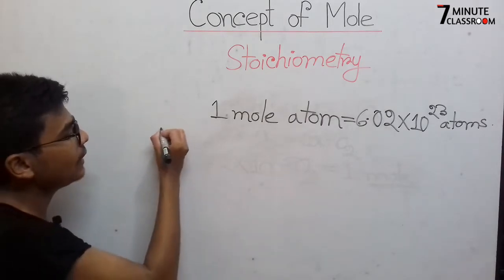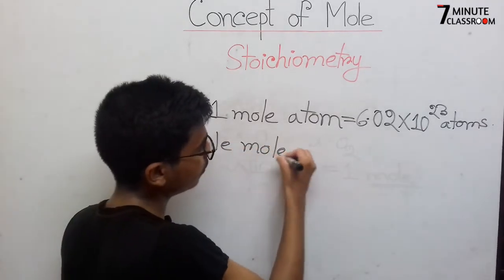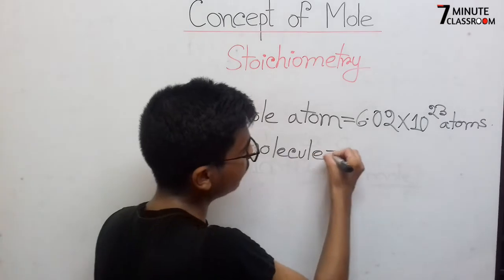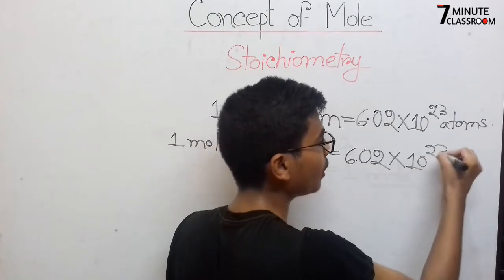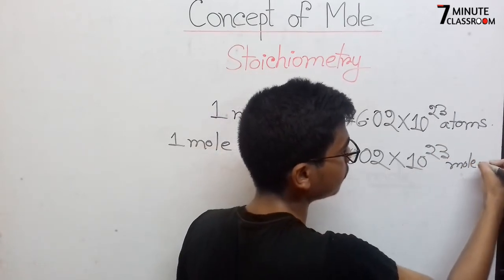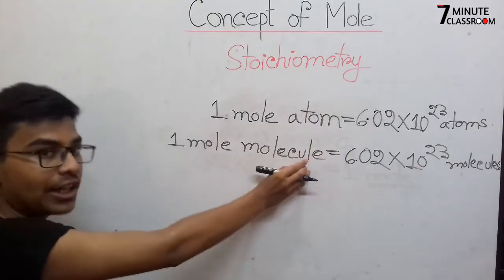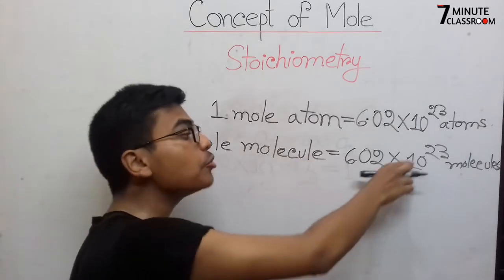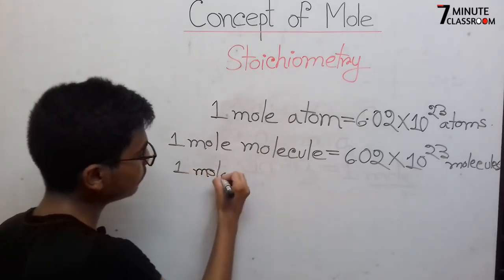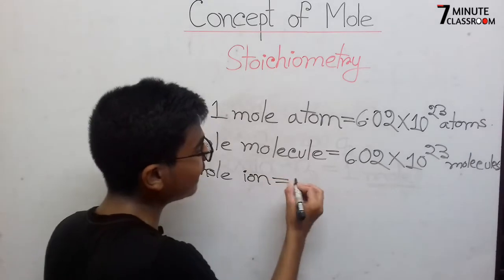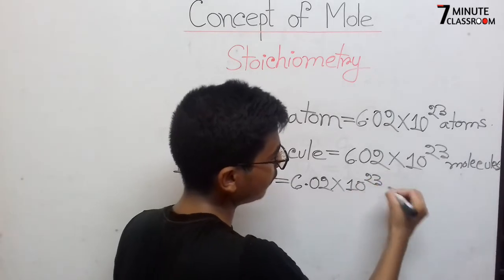Then again, 1 mole of molecules equals also 6.02 into 10 to the power 23 molecules. That means in 1 mole of molecules there are 6.02 into 10 to the power 23 molecules. Again, in 1 mole of ions, there are also 6.02 into 10 to the power 23 ions.